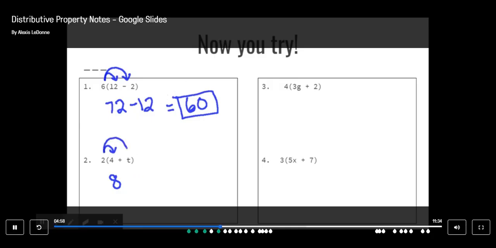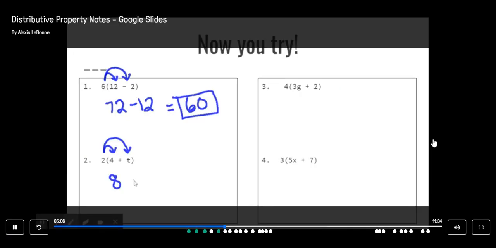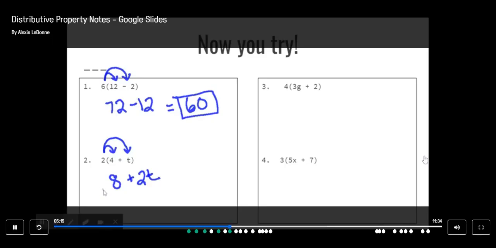Good, multiply 2 to the t, and that would give me what? Good, a positive 2t. I have an 8 and a 2t. Can I put these together? So this would be my final answer.